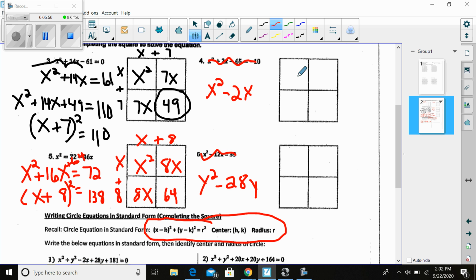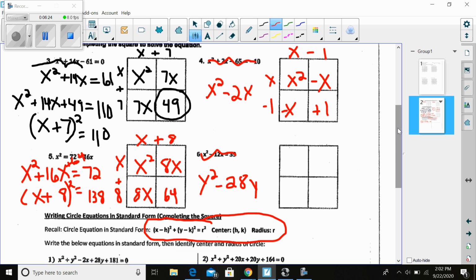Okay, so my x squared goes here. I take half of the b term, and then I square it. So that's negative 1x, negative 1x. So I have an x minus 1 by x minus 1. And to complete the square, I only need 1 unit.